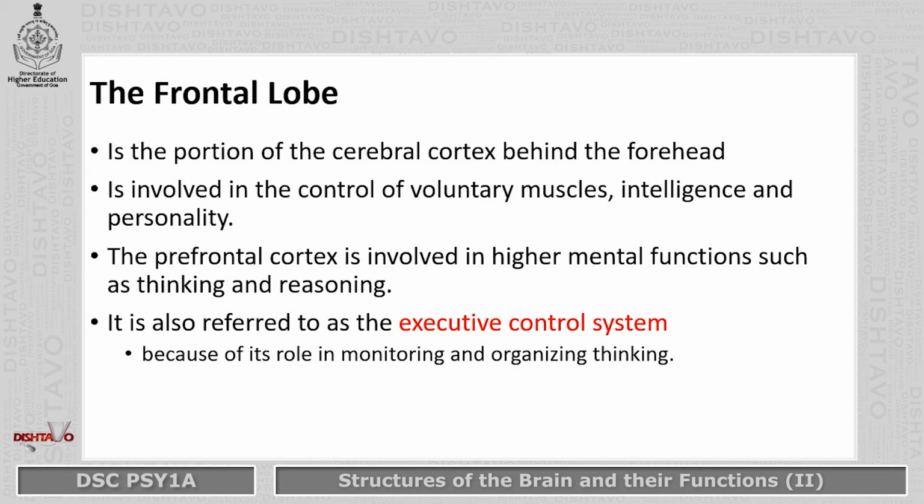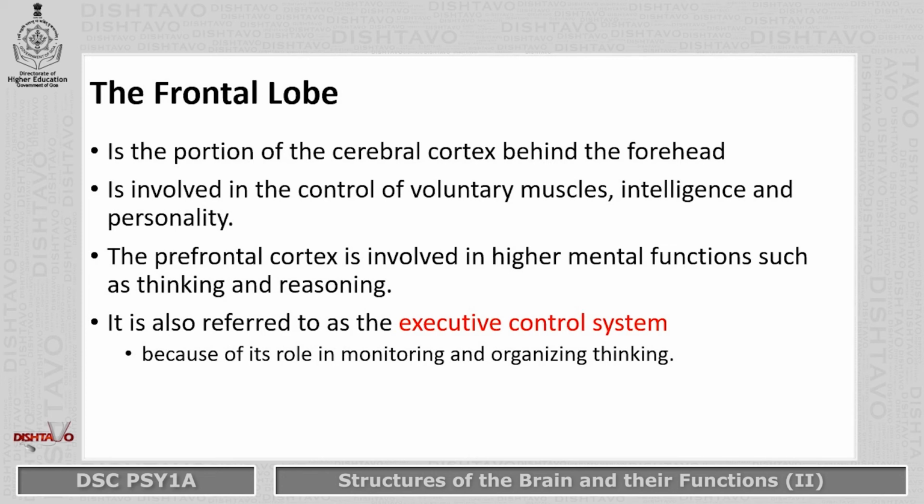Well, that may be the answer. Now, a lot of neuroscientists refer to the prefrontal cortex as the executive control system because of its role in monitoring and organizing thinking.